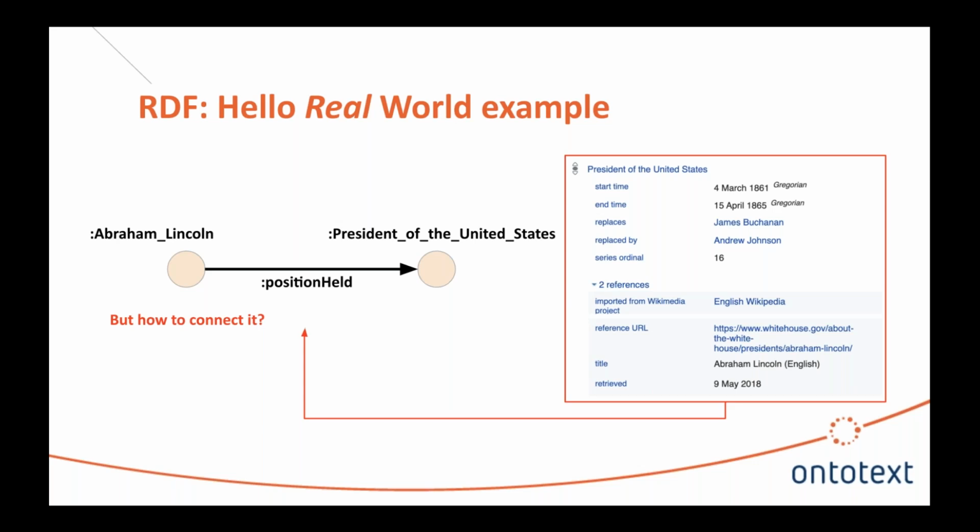There is a lot of metadata, and the question is how to connect it. This is not specific to Abraham Lincoln, and it's not specific to the president of the United States, but it is specific exactly to the statement level, that Abraham Lincoln had this position as a president, and these were attributes of the relationship. So it's not fair to connect it to either of these two nodes. And now the question is how to do this.